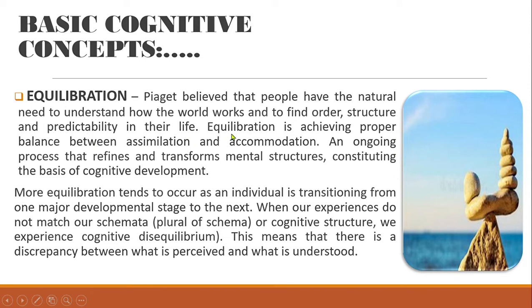So, equilibration is achieving a proper balance between assimilation and accommodation, an ongoing process that refines and transforms mental structures constituting the basis of cognitive development. So, more equilibration tends to occur as an individual is transitioning from one major developmental stage to the next. Okay, pag may transition na siya.